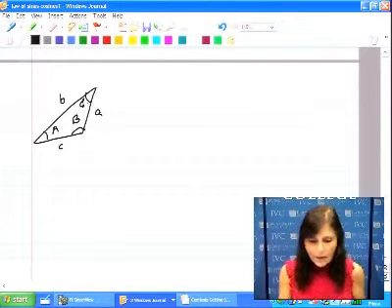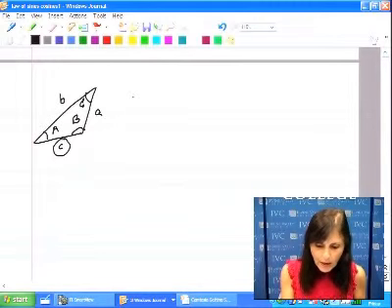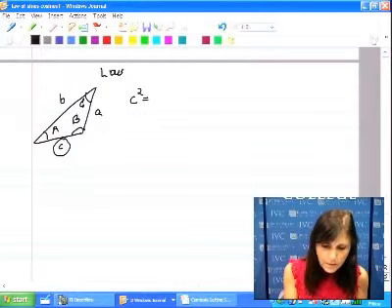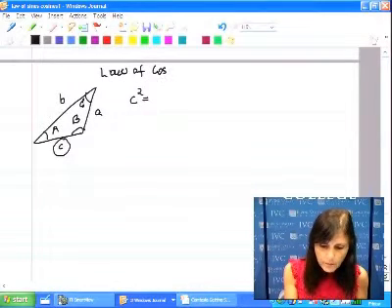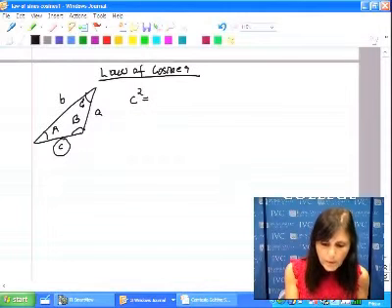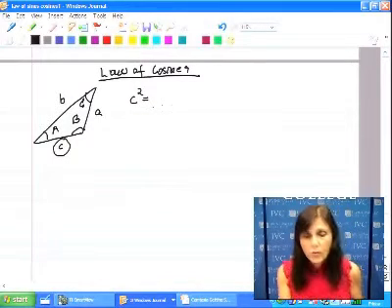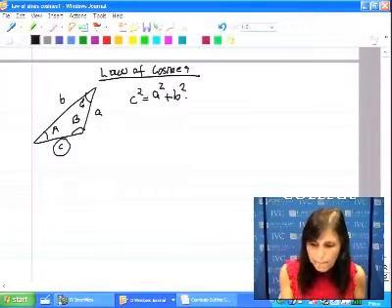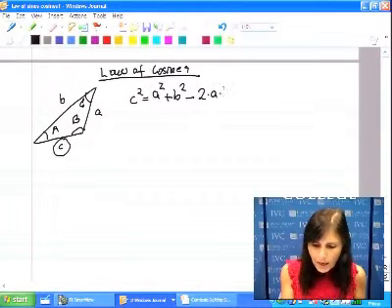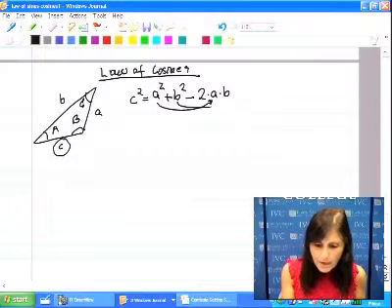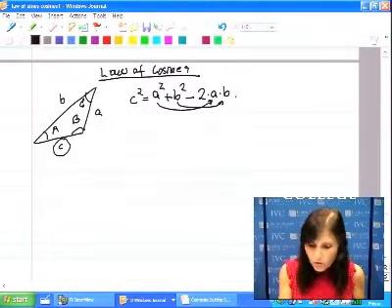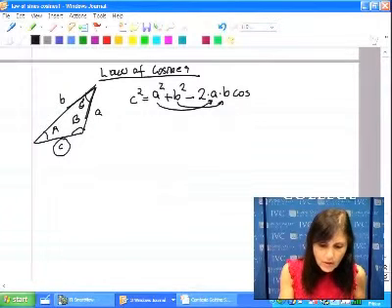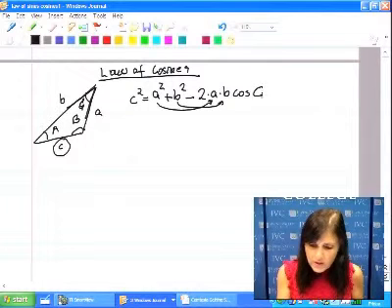Now, take one of the sides, you can write c squared equals, that is law of cosines, c squared equals the square of the other two sides, a squared plus b squared, minus 2 times a times b, and that's going to be cosine of what is between those two, which is this angle, C.